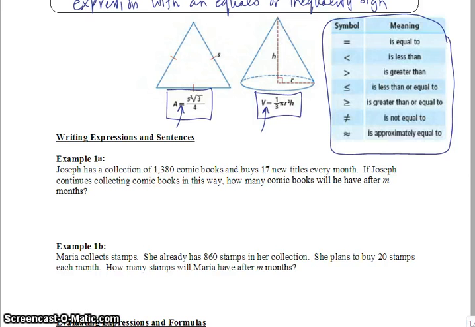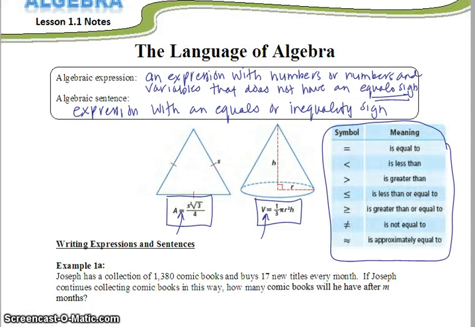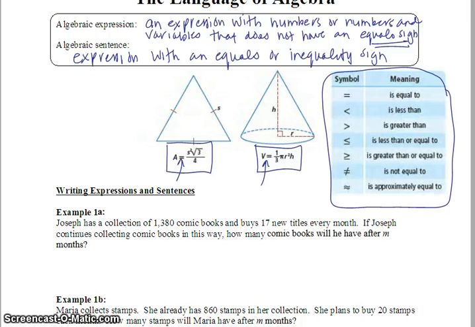In this first example, Joseph has a collection of 1,380 comic books and buys 17 new titles every month. If Joseph continues collecting comic books in this way, how many comic books will he have after m months? So we're going to write an expression that shows this algebraically.